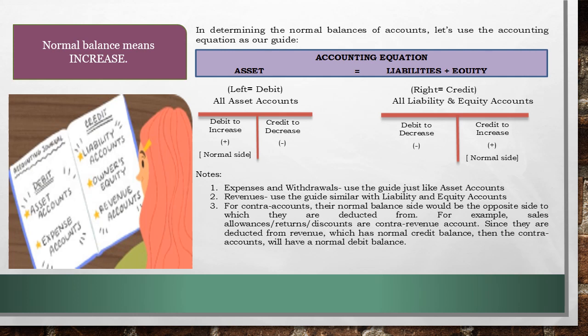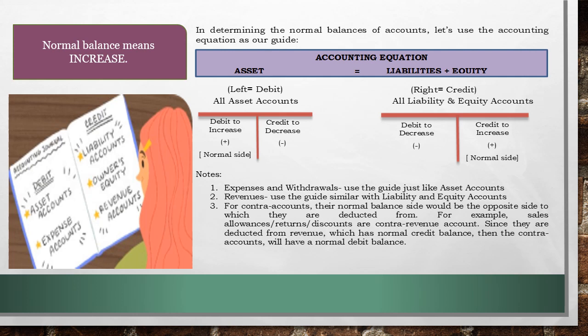Normal balance means increase. So, take a look at the left part, that is the asset. When we say asset, the normal balance of this element is debit.